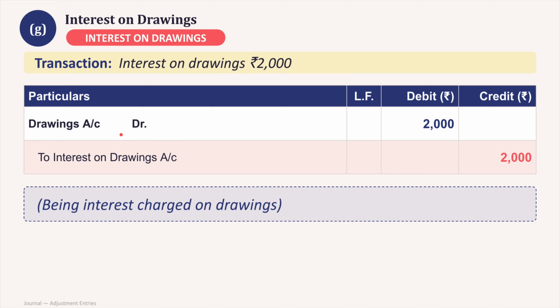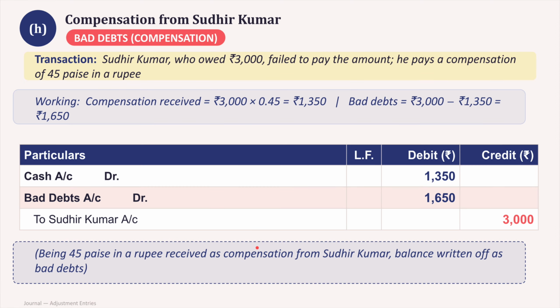So drawings account debtor to interest on drawings account. So we will debit drawings account and we will credit interest on drawings account with 2,000, the amount, being interest charged on drawings.